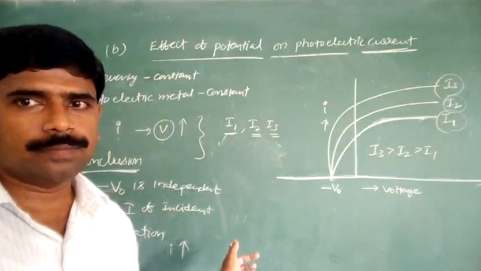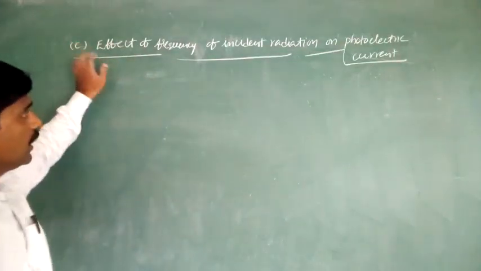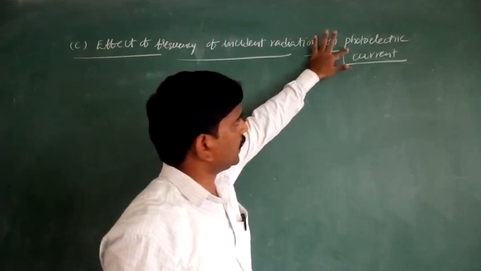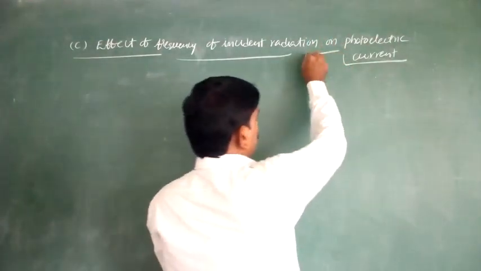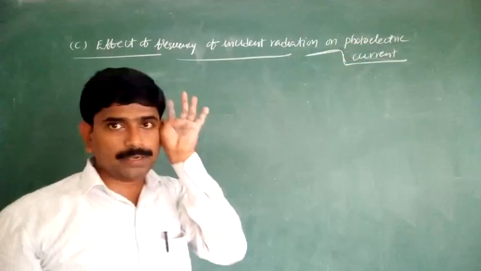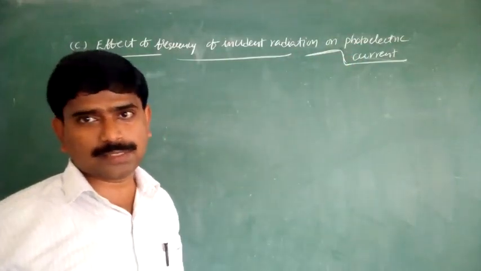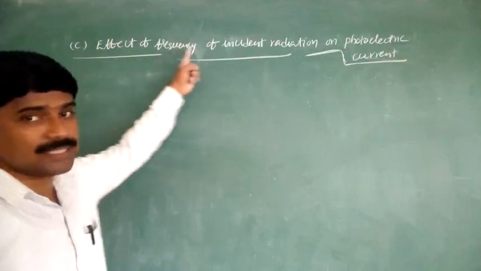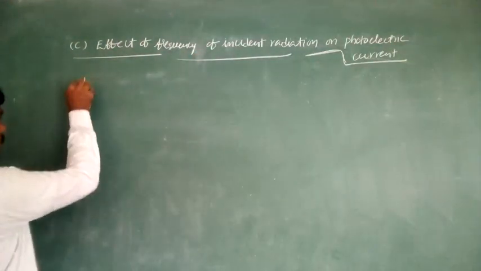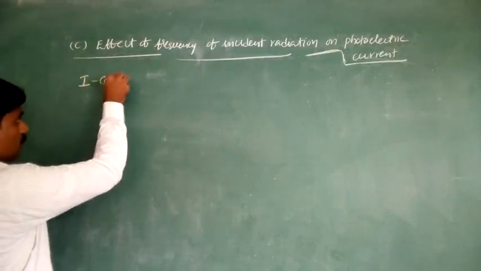Okay, next one, the third one: effect of frequency of incident radiation on photoelectric current. Here the frequency changes, but the intensity remains constant.